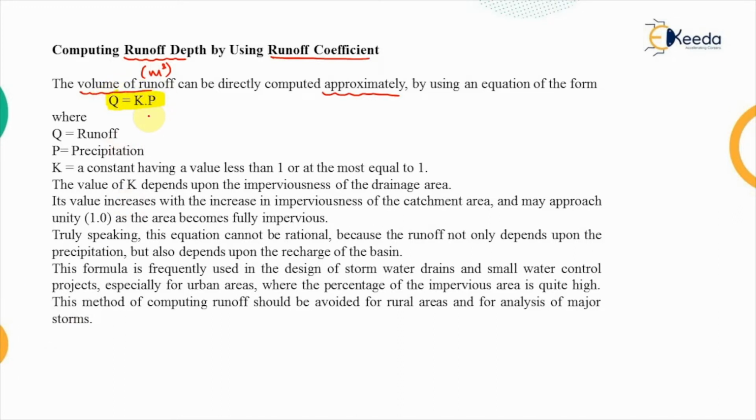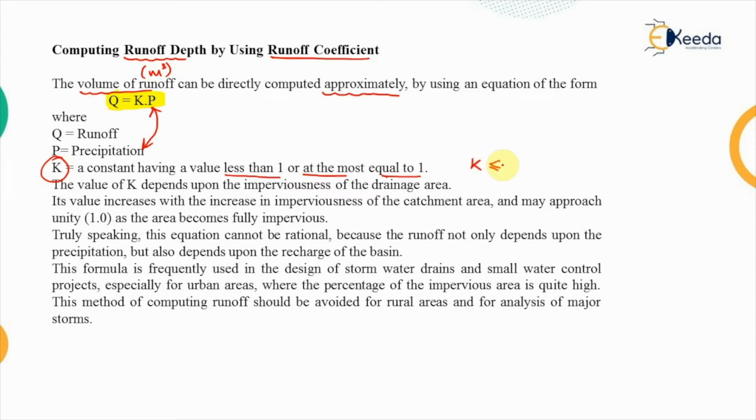Here this P is the precipitation, so we are directly relating the precipitation to the runoff by a constant value denoted by K, which has a value less than 1 or at the most equal to 1.